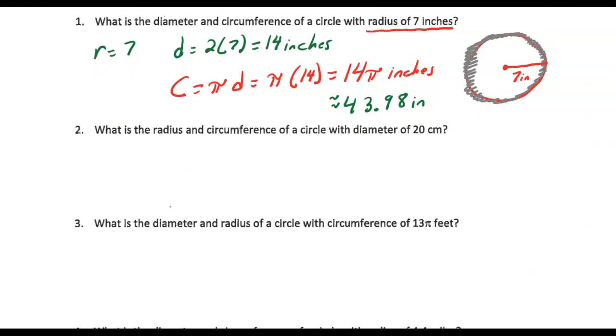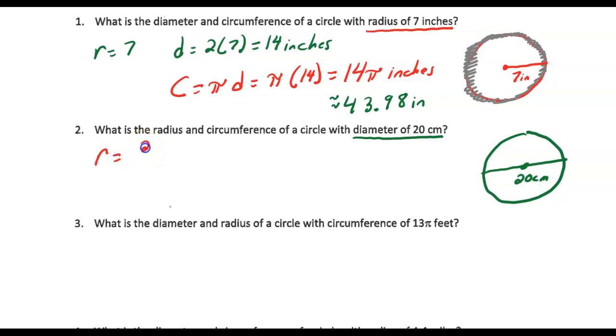If you look at problem number 2, we are told that the diameter is 20. So all the way across the circle, that diameter is 20 centimeters. So the radius is half of the diameter, which would be 10 centimeters.